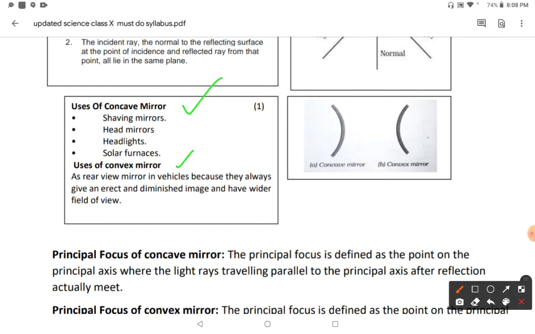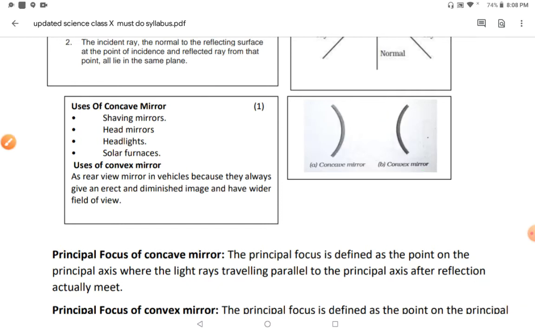In the concave mirror, the inside part is the reflecting part, and the outer part is polished. But in the convex mirror, the inner part is polished and the outer part is the reflecting surface.